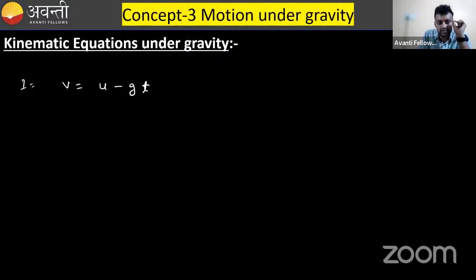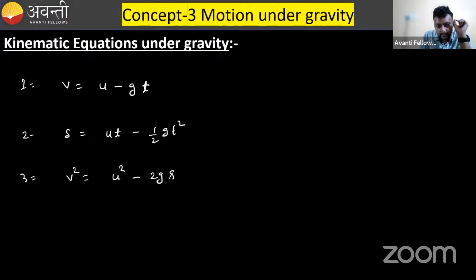First, v = u - gt. Second, s = ut - (1/2)gt². Third, v² = u² - 2gs. Clear? s is the displacement.